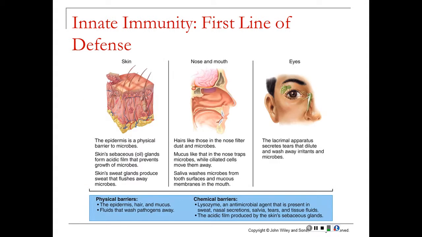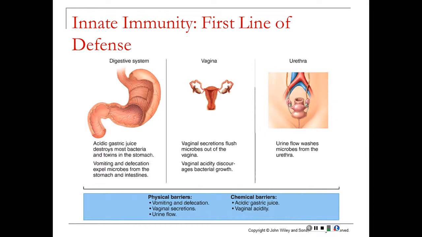Let's talk about some of the specifics here. You have skin. The epidermis is that physical barrier to microbes. Hairs within the nose help to filter dust and microbes, and the eyes secrete those tears to dilute and wash away irritants and microbes. So this is a blend of physical barriers as well as chemical barriers. The lysozyme and the acidic film within the sebaceous glands would be chemical barriers. The physical barriers are the hair, the mucus, the epidermis itself, as well as the fluids that are washing those pathogens away.